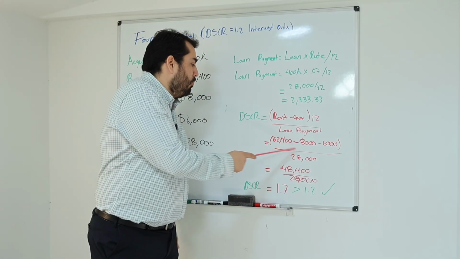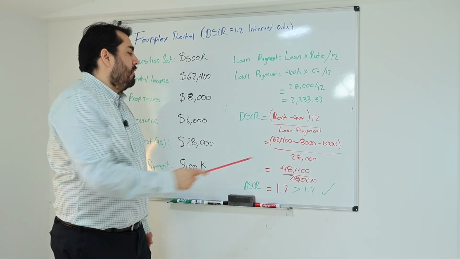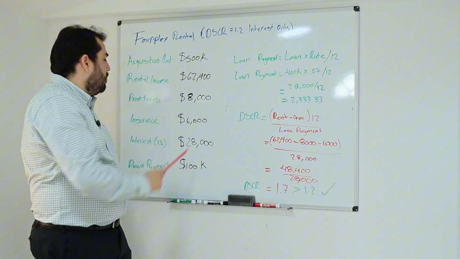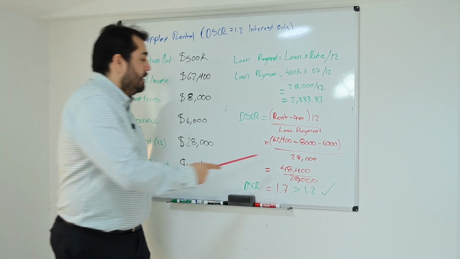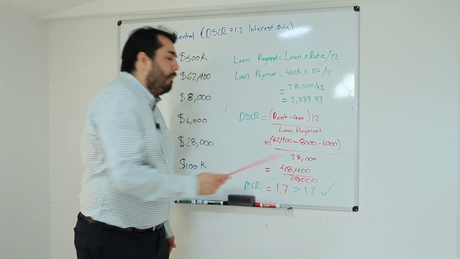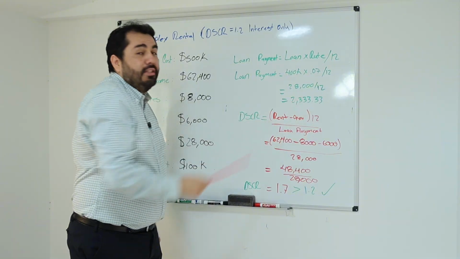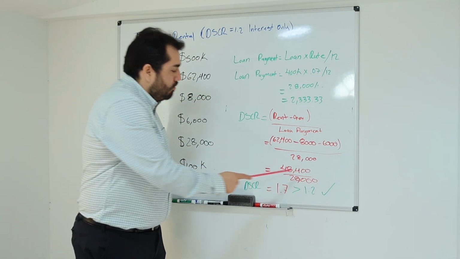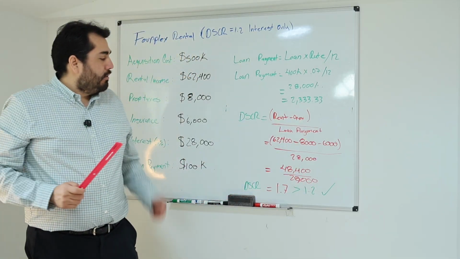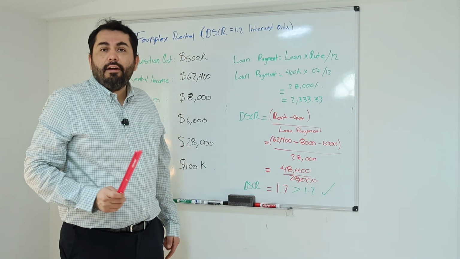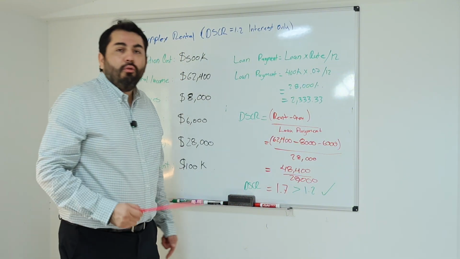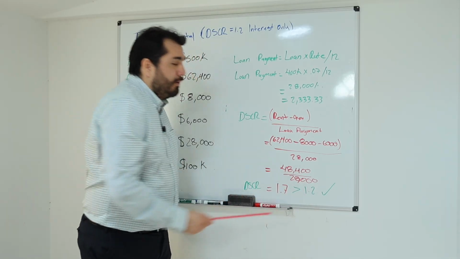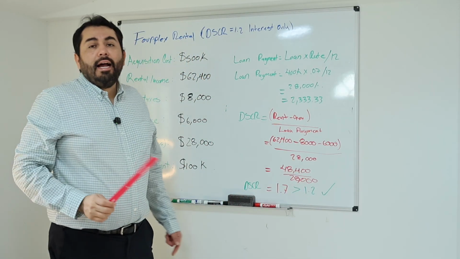So we end up with $62,000 less $8,000 for the property taxes and less $6,000 for the insurance, divided by the amount we are paying for the loan, which is this amount because it's annual. That will be $48,400 divided by $28,000. That will be a DSCR of 1.7, which is higher than the 1.2 that the lender is asking us.